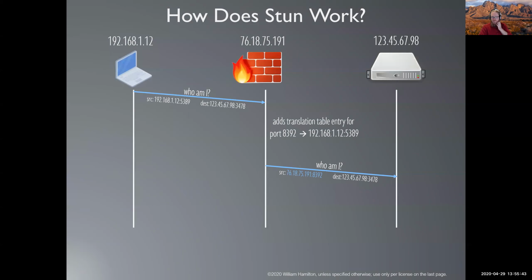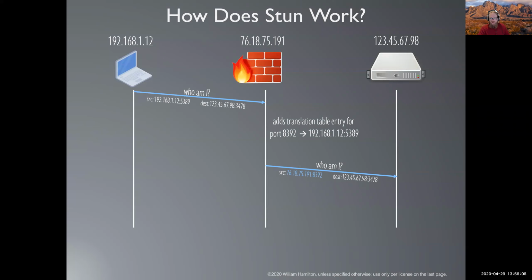So it goes into the packets for the TCP connection, changes the source IP and source port, and then forwards that on to the STUN server. When it gets to the STUN server, it can see what the public IP and the public port are coming from the NAT.